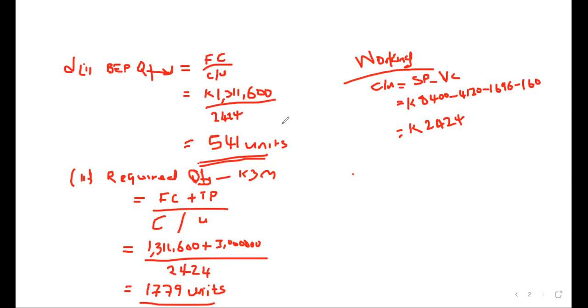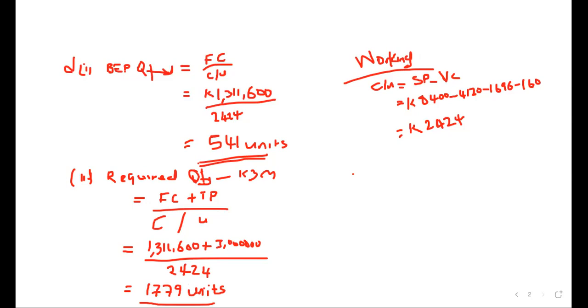Why? Because we have made those changes to the variables, and the number of units has also reduced. In the same manner, the required quantity to make a target profit of 3 million, if I remember very well, we had earlier calculated as 1,990, but we have reduced now to 1,779. Why? Because of the variables that we have affected.